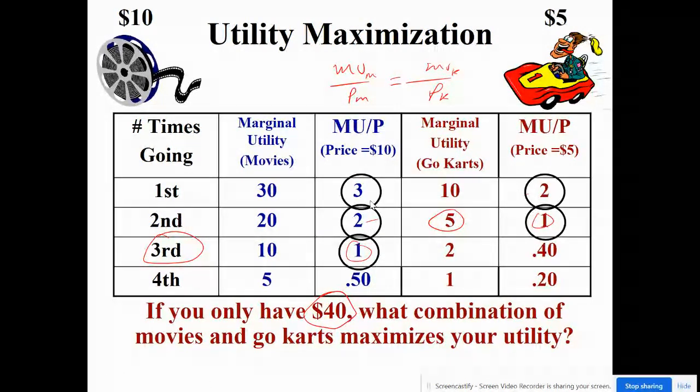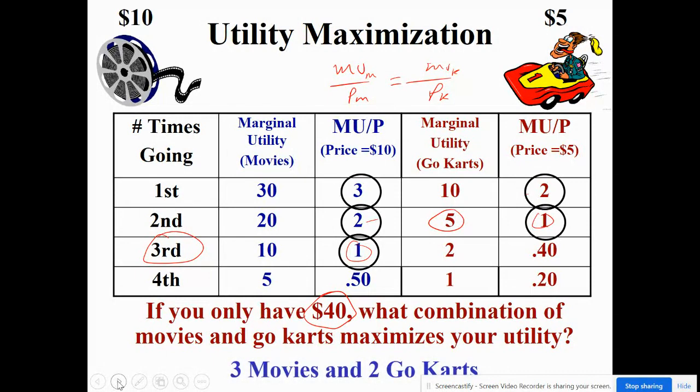If we went to 4 go-karts, our total satisfaction, as I said before, would be 18, and 2 movies would be 18 more, a total of 68. But 3 movies and 2 go-karts is the combination that gives us the greatest amount of satisfaction, because it gives us a greater amount of total utility. So 3 movies and 2 go-karts is what we want to do.